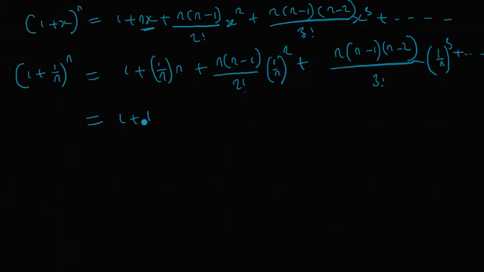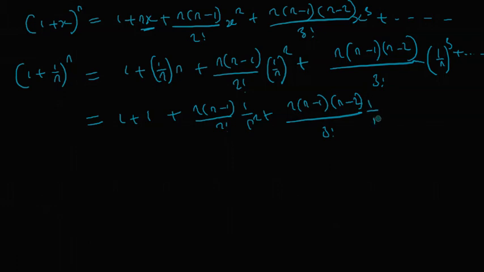Then we are going to add this to n times (n minus 1) over 2 factorial, this is 1 over n squared, plus n times (n minus 1) times (n minus 2) over 3 factorial, this is 1 over n cubed, up to infinity. Now this is what I will do.